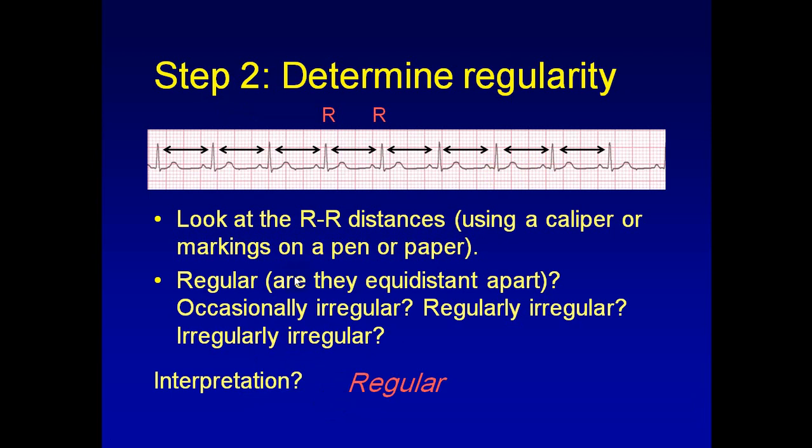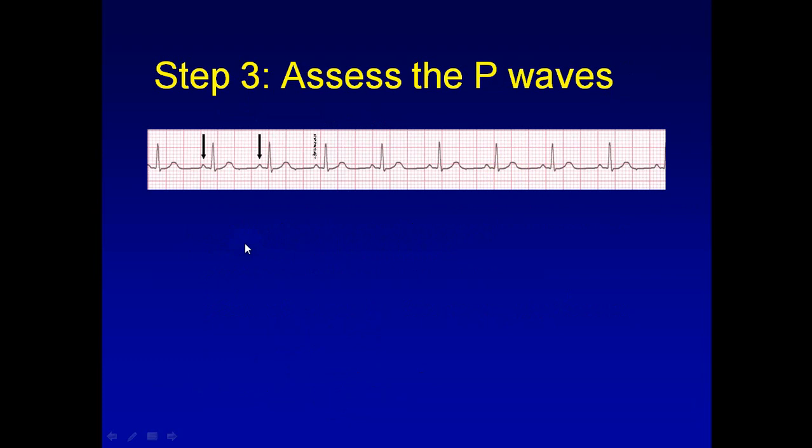Now we have two ways to find the rate and regularity. The third way is to assess the P wave. In sinus rhythm, every P wave, atrial depolarization, is followed by a QRS complex. P wave, QRS complex, P wave, QRS complex.